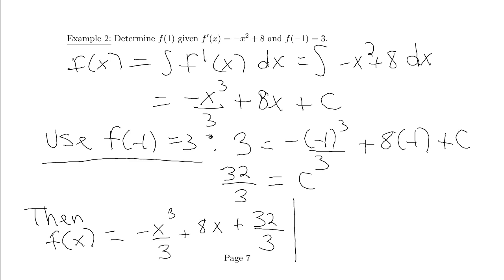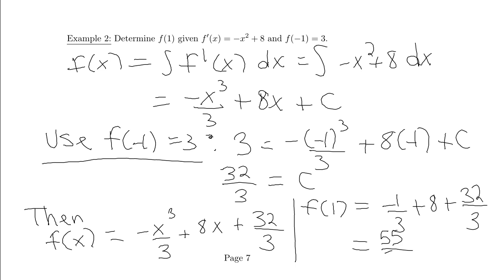But the question itself isn't asking for f of x, it's asking us to determine f of 1. And so I have to evaluate my function at x equals 1. So that's going to be negative 1/3 plus 8 plus 32 over 3. And assuming I use my calculator correctly, which is always a bit of an assumption, I got 55 over 3 as my answer.